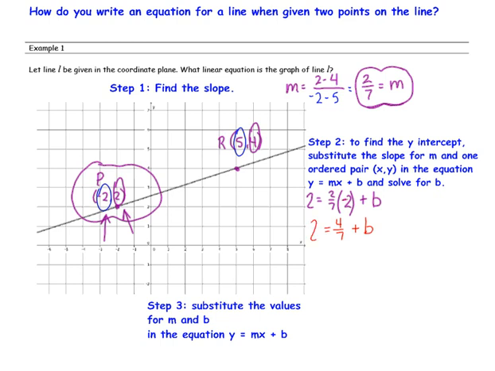Since we're multiplying a negative times a positive, that will be a negative. Then, to solve for b, add 4/7 to both sides of the equation. That gives us 2 and 4/7 is equal to b. So that is our y-intercept.